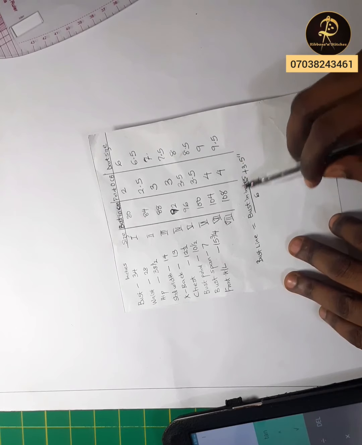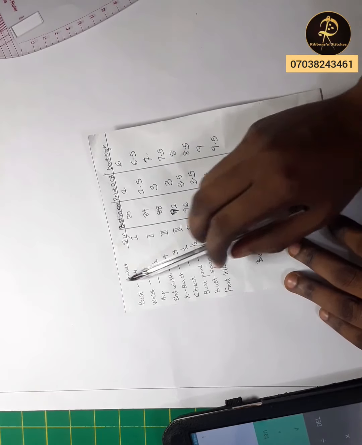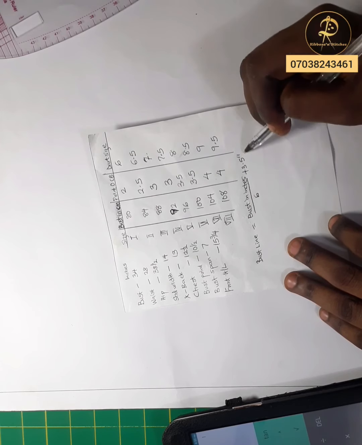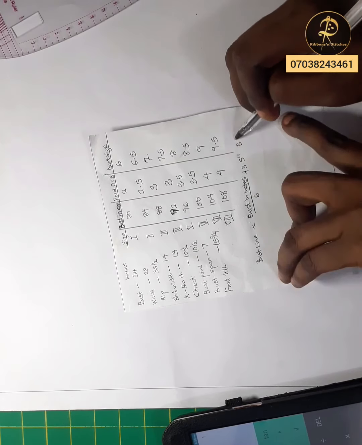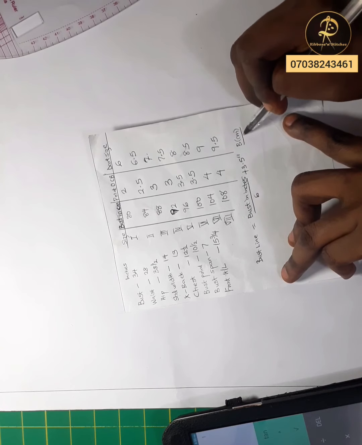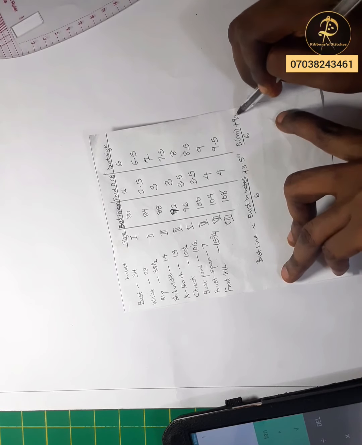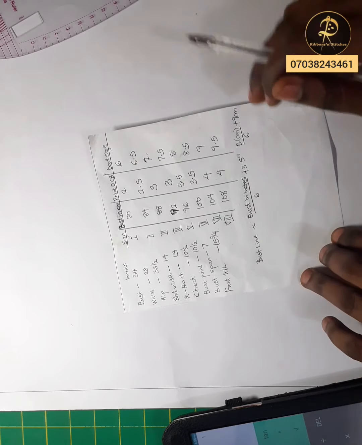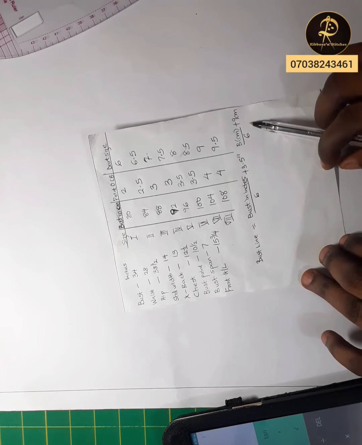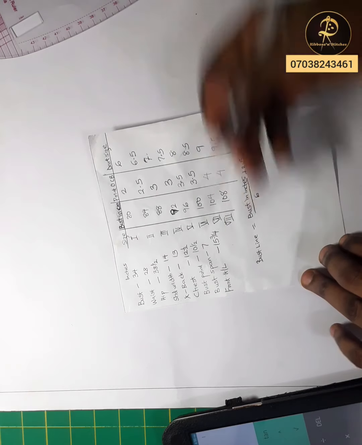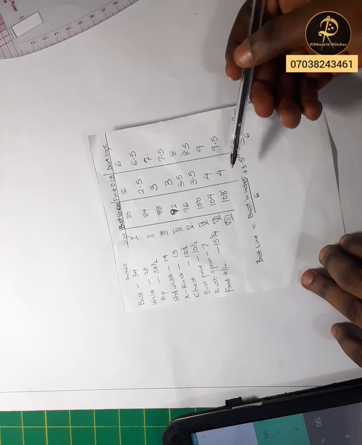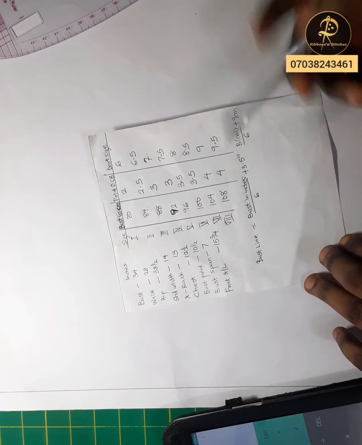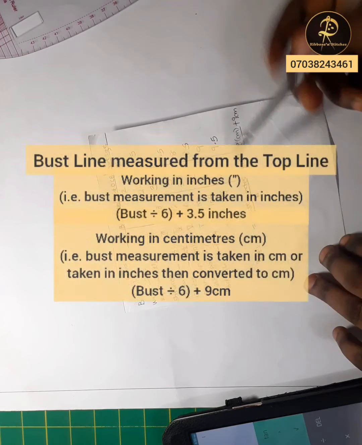But if you are using your bust in cm, assuming you converted all your measurements to cm, you say bust in cm divided by 6 plus 9 cm, because 3.5 inches is 8.89 or so, approximately 9 cm. So that is for your bust line. It's more like if you draw a shoulder line of 1.5 inches, from that shoulder line you measure bust over 6 plus 2 inches. It still gives you something like this.